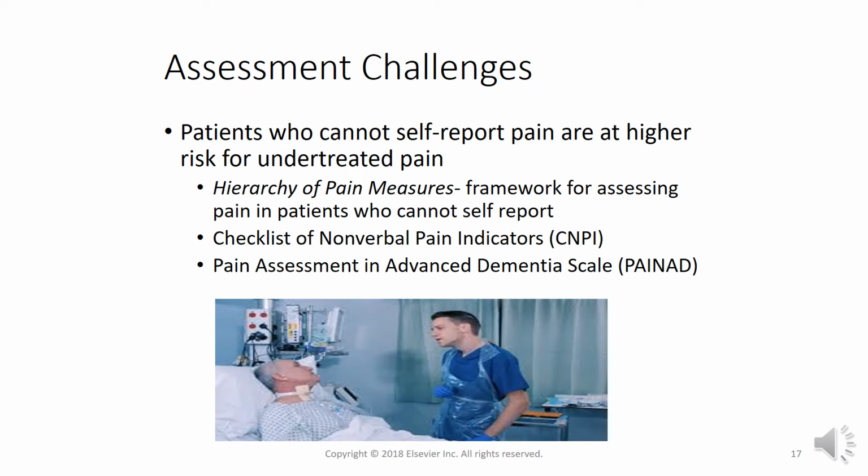Okay, the hierarchy of pain measures lists several strategies to use when assessing pain in the cognitively challenged patient. So be sure and read over Table 4-5 on page 53 and be familiar with these techniques.